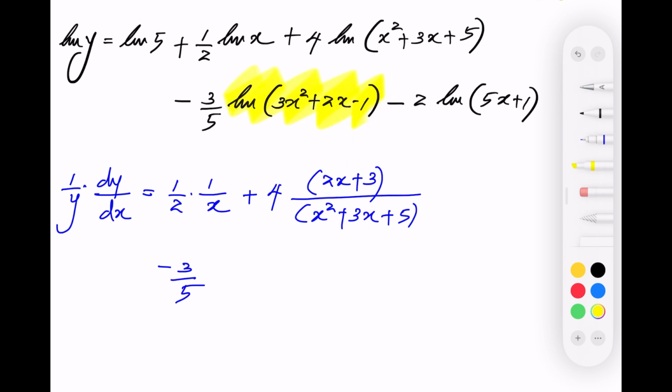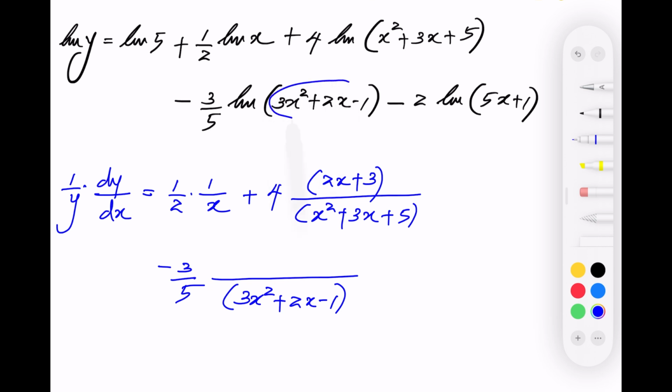Just like earlier, I will write down the derivative of that function this way. In the denominator, I will have 3x squared plus 2x minus 1, and on the numerator, I simply need to differentiate this part. When I do so, I will have 6x plus 2.